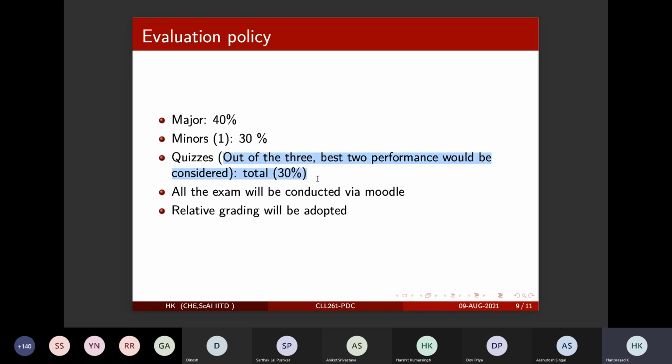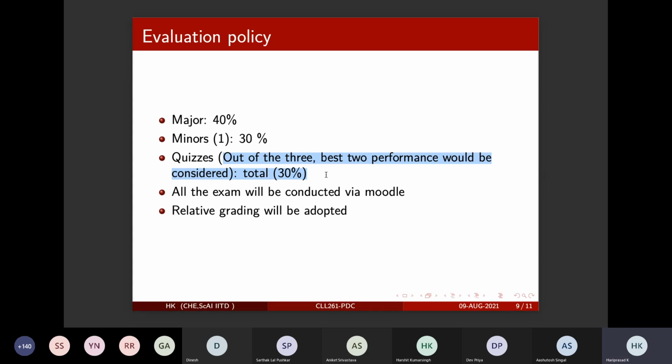We'll conduct 3 quizzes, approximately 1 per month. We plan for August, mid September, and eventually by end of November I would assume our course would be ending. So approximately 1 quiz per month, and we'll take the best 2 out of 3.